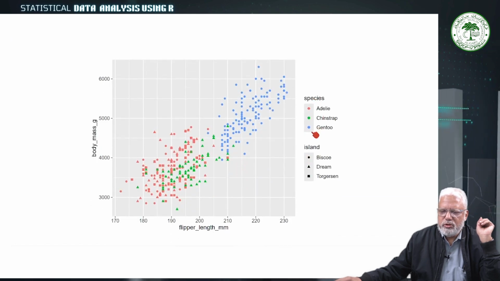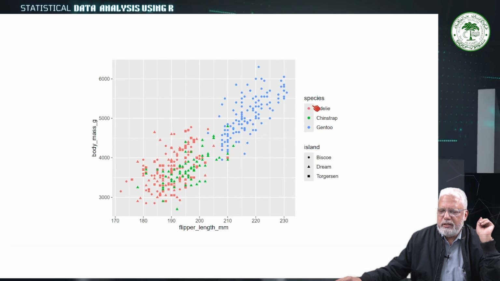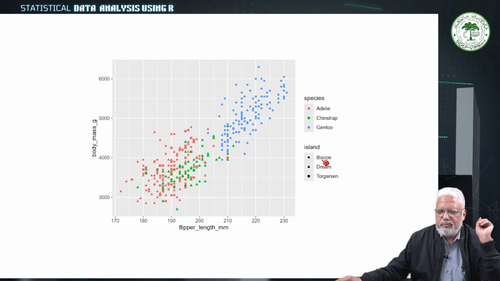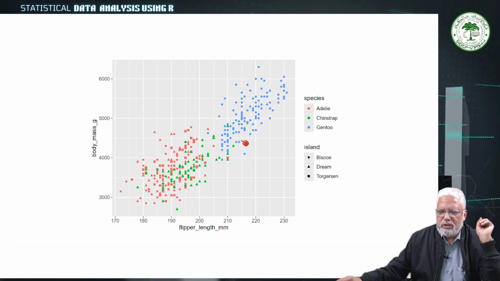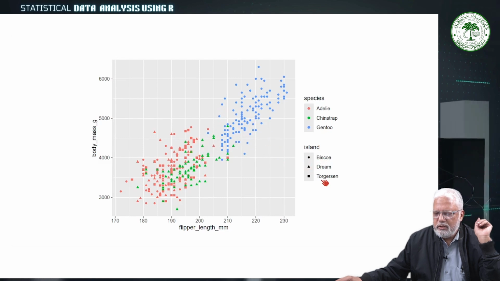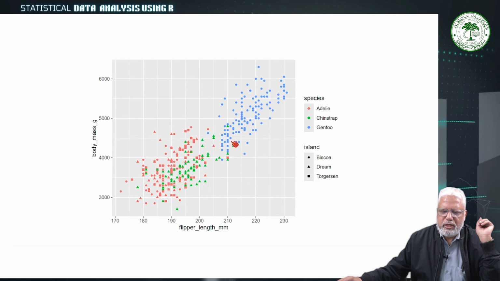Your plot is like this. These are the species, and then island, so these are the Biscoe island, then these are the Dream Island, and then Torgersen, these squares are Torgersen.